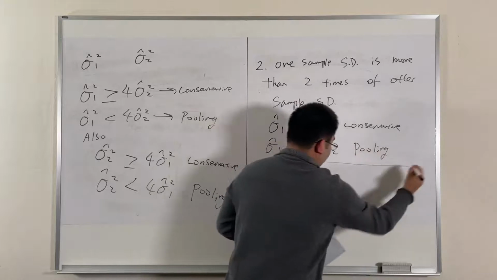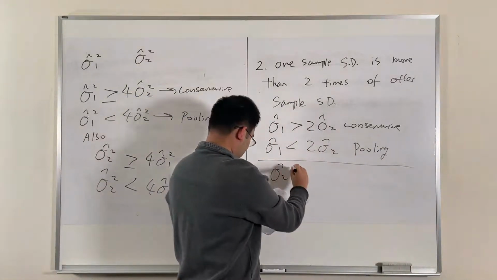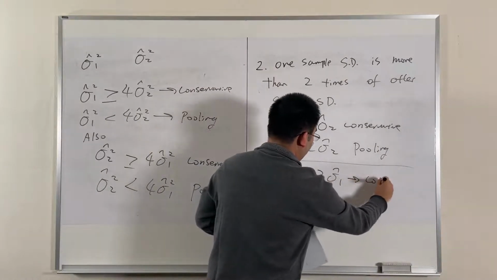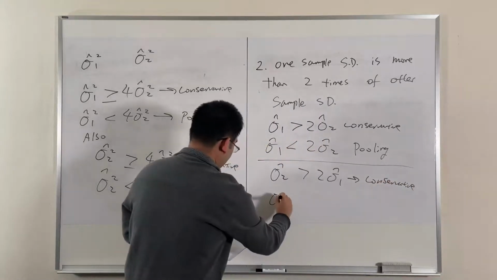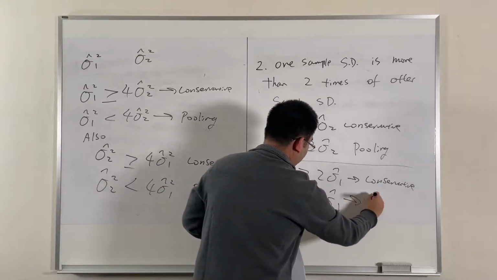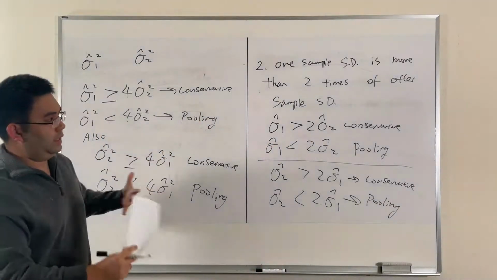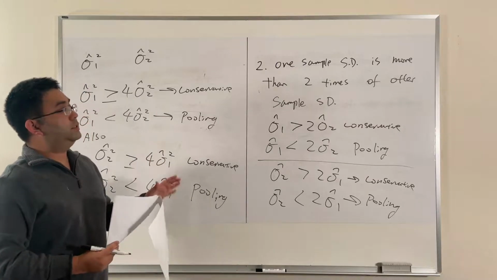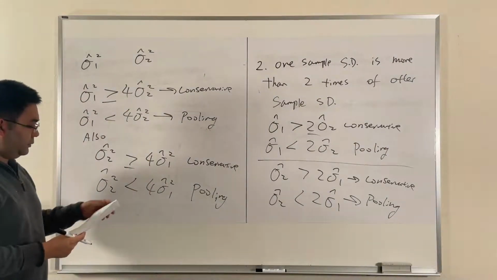But you also check the opposite: sigma 2 hat greater than 2 sigma 1 hat, you use conservative, and sigma 2 hat less than 2 sigma 1 hat, you're going to use pooling. So basically, you just have to look at the sample standard deviation and do a comparison. When you do the standard deviation, you're going to use 2. When you do the variance, you're going to use 4.